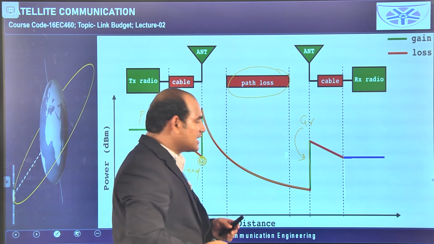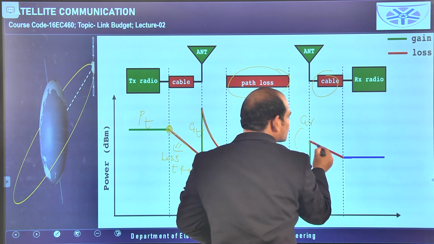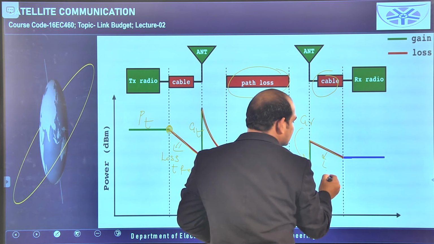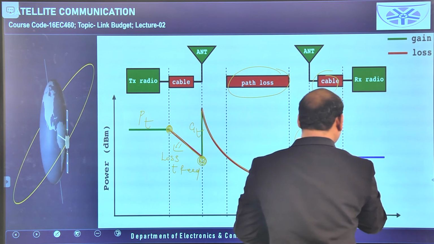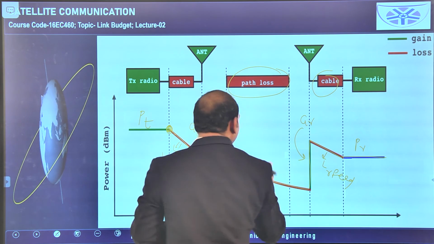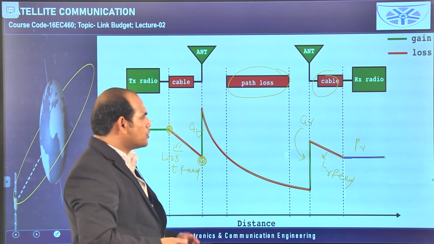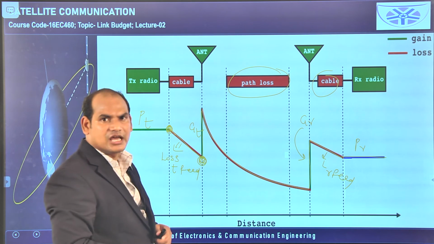Because of GR, again it is raised. And again the feeding network is there, so again loss is available, loss in the receiver side due to feeding. Finally you get the received power. But overall, if you see, the loss is more compared to gain, so necessarily the received power is lesser than the transmitted power.